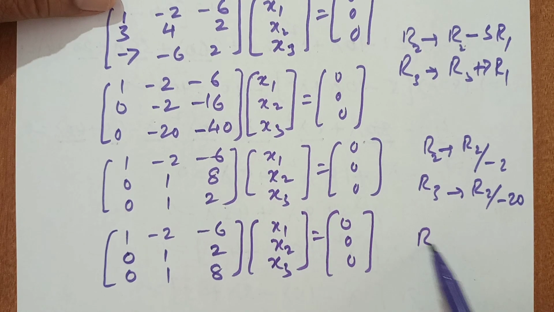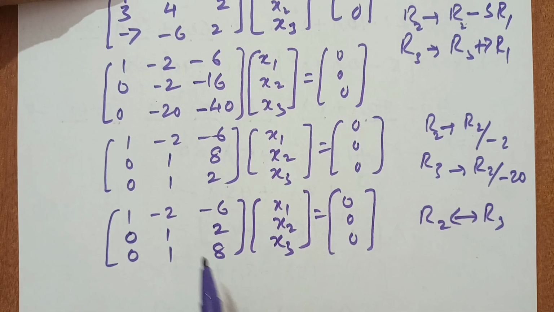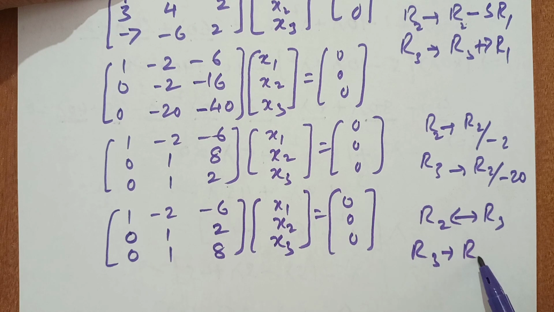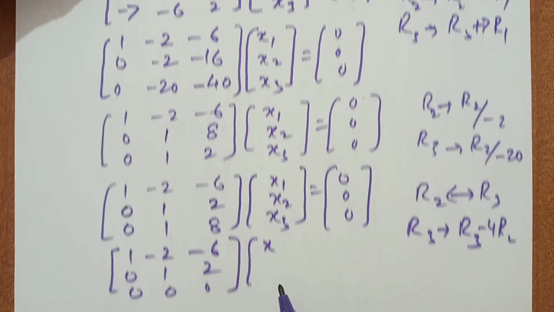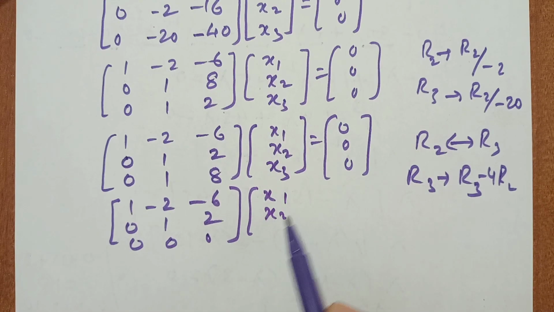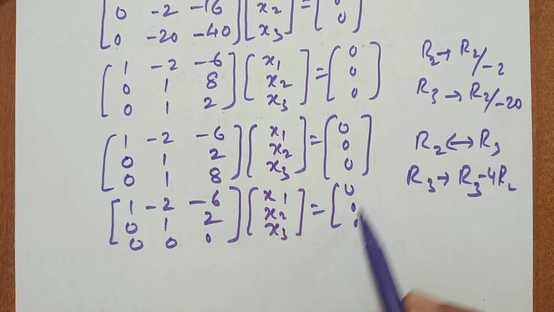And now R3 tends to R3 minus R2, so this should be 0. So 1 minus 2 minus 6, 0 1 2, 0 0 0, and x1 x2 x3 equal to 0 0 0.